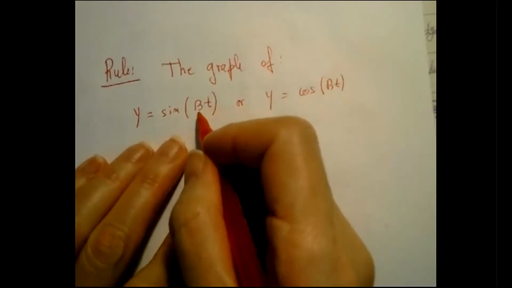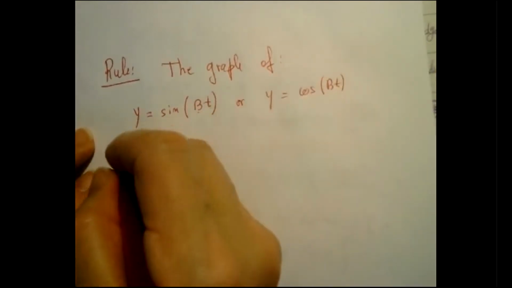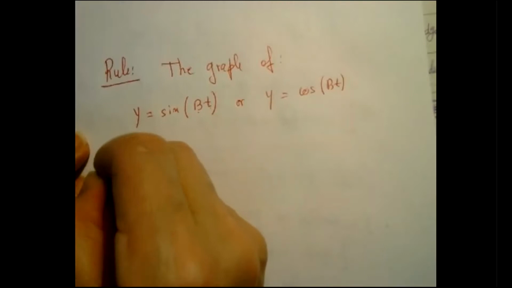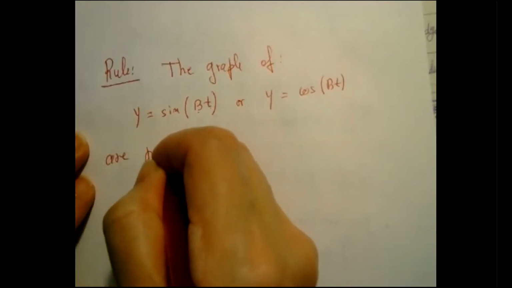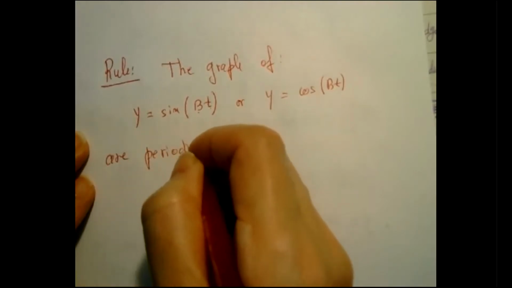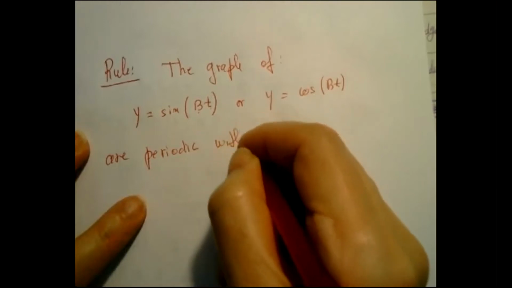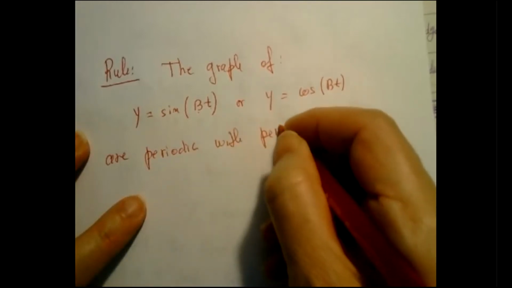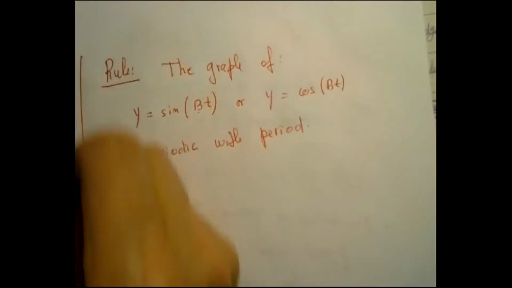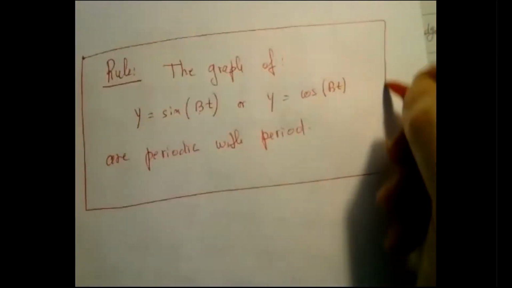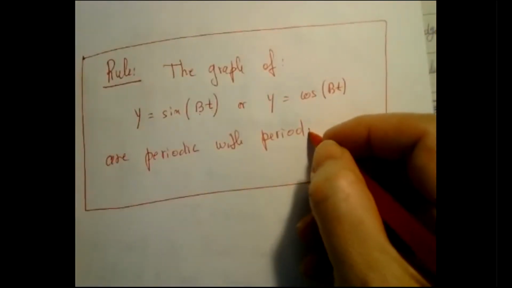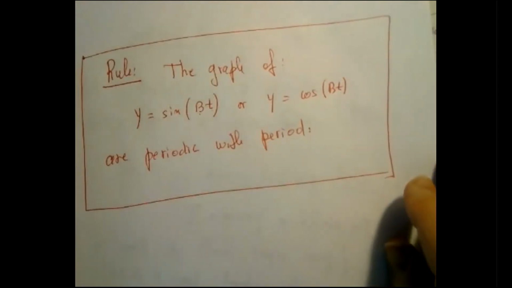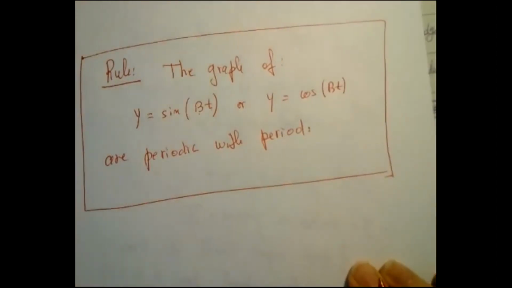So now I'm multiplying t by a constant. The graphs are periodic, so it means they repeat themselves. But the period here is, I want you to give a wild guess based on what we did. Who would like to give a guess?